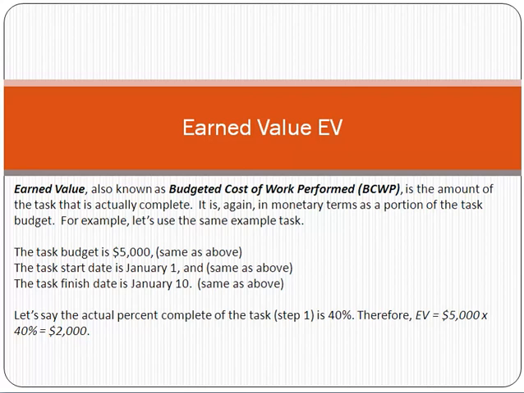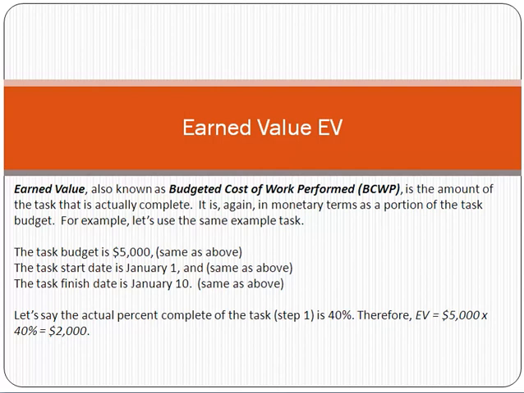Now how have we calculated this? Again, try to focus. The project budget was $5,000 total. The project starts on 1st January and the finishing date is 10th January. On the 6th of January, the actual percent complete of the task step 1 is 40%. So after a few days when you calculated, you recognize that only 40% of the work is completed.